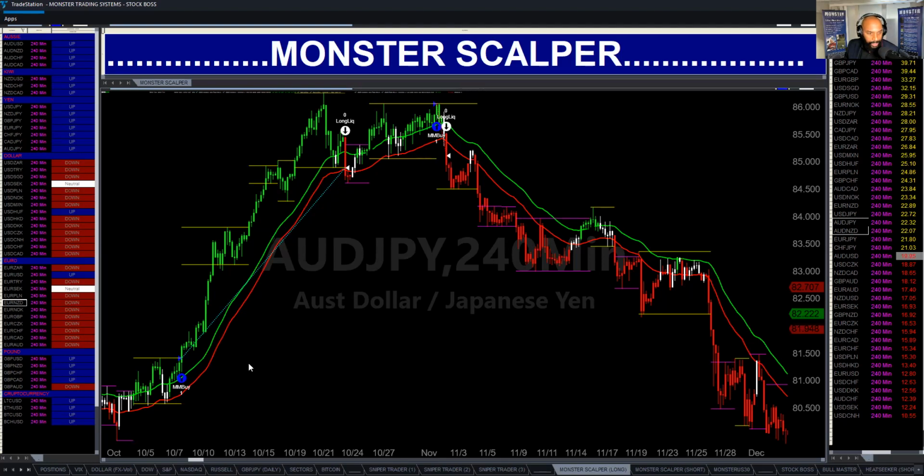Now you can also do it like this. A lot of traders use a moving average and say, if price gets above my moving average, I'm going to buy. When price gets below my moving average, I'm going to sell.